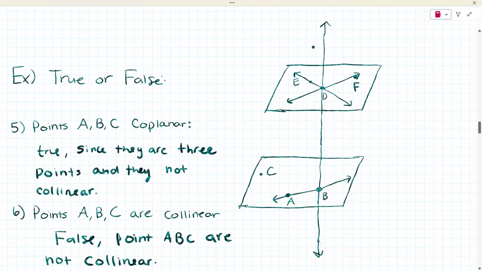DEF and then DE. Yes. Here's the plane DEF, right? How do you know this is a plane? Because there's 3 points and they're non-collinear. And then line DE is definitely a line, so it's a line that goes through this plane. So it's going to be true.